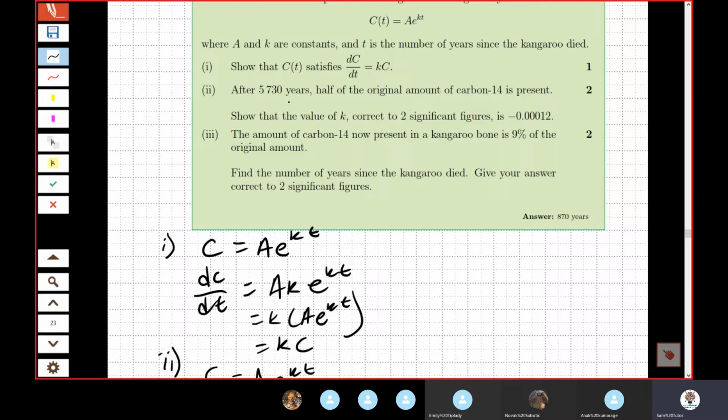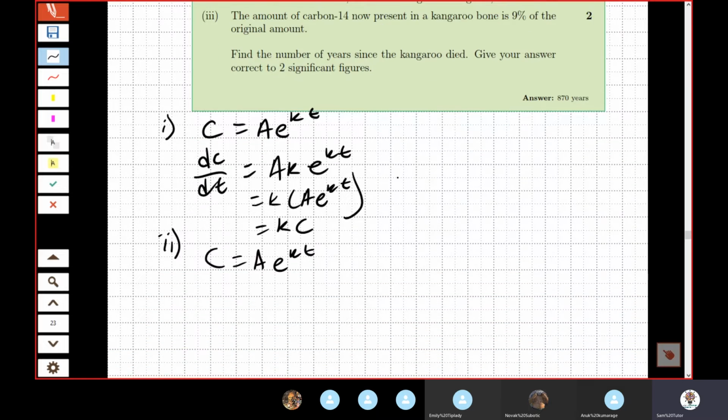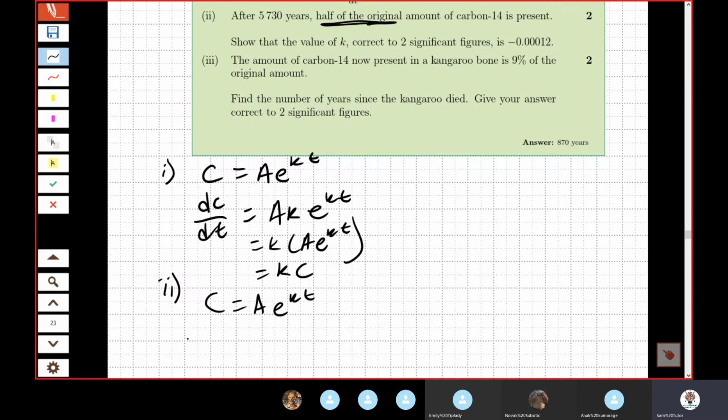After 5,730 years, half of the original amount of carbon-14 is present. Show the value of k is this. Okay, anyone know what t equals to? Pretty obvious. Novak? We might as well continue this question actually.